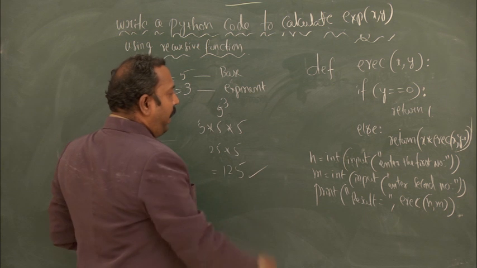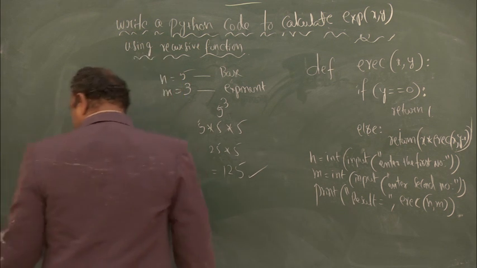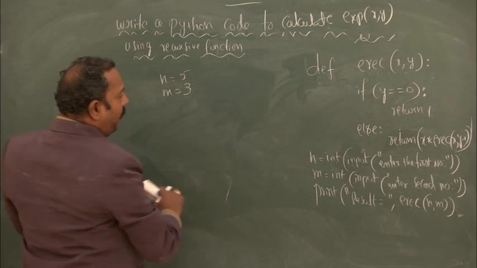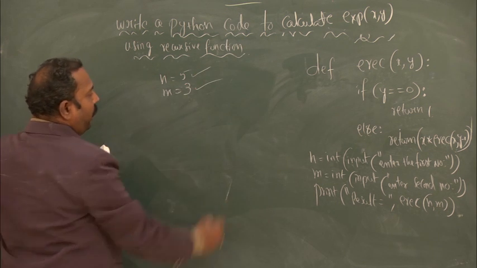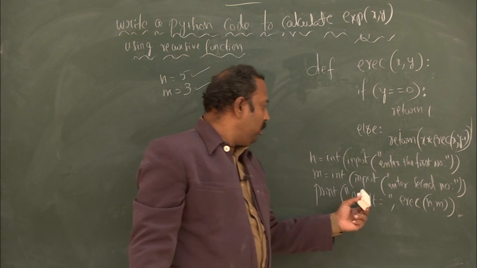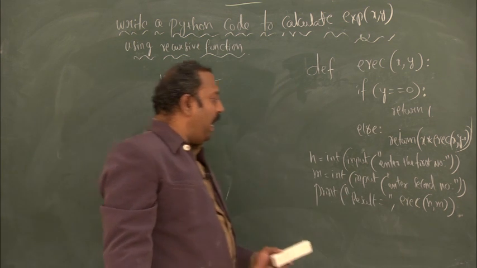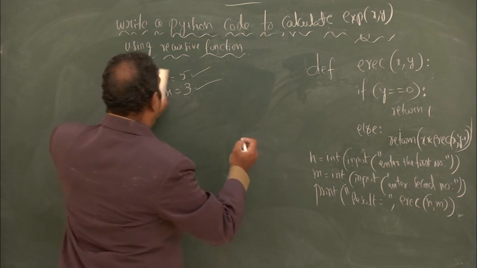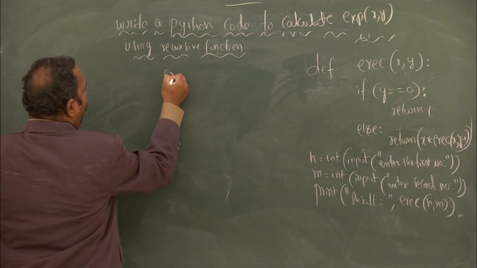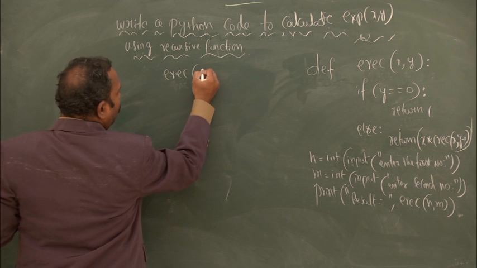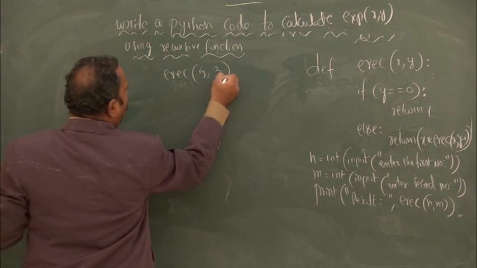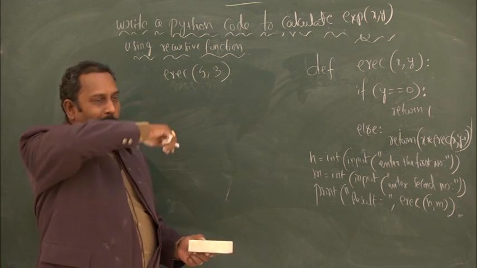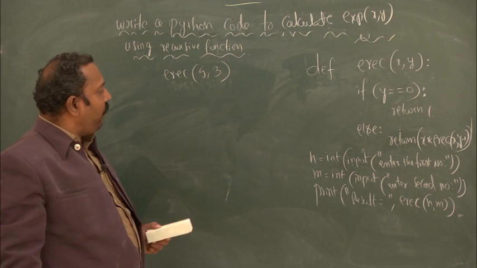So this is the program for finding the exponent using recursion. Here you see, enter the first number. Suppose I entered n value 5, m value 3. After that, print result equal to EREC, the recursive function. So it will call EREC of 5 comma 3.